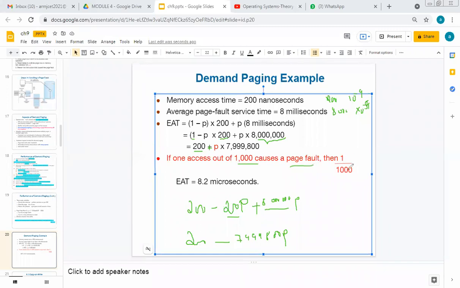Now for 1 out of 1000 page faults, P is 1 by 1000. That means 10 to the power minus 3. Correct? So in the P place, substitute 1 divided by 1000.